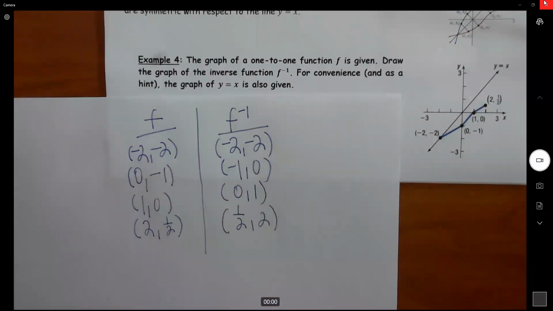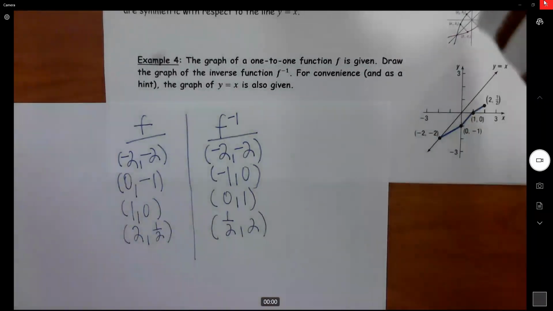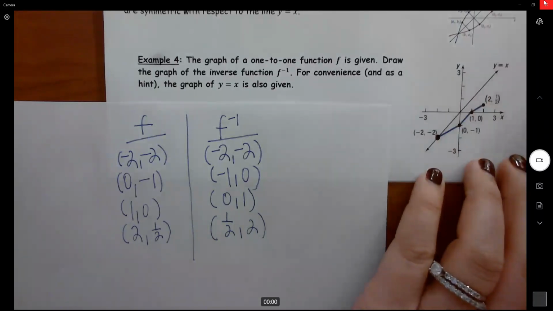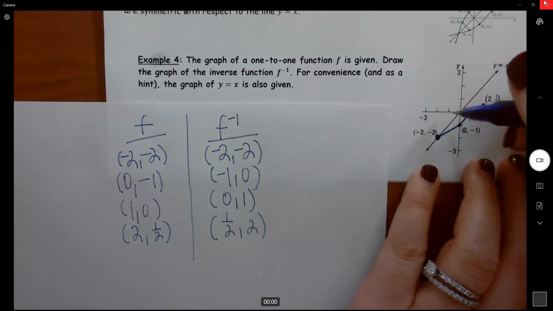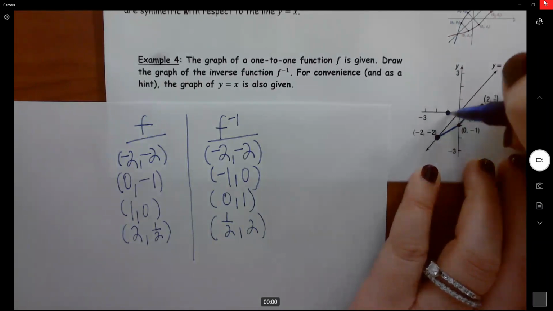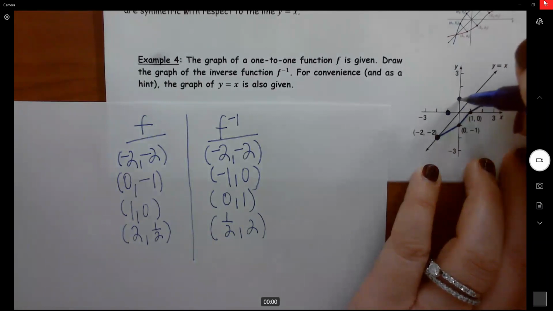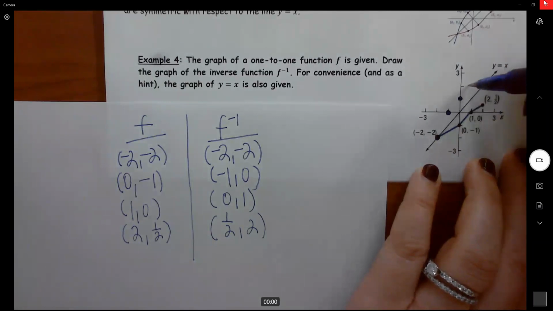Now I'm going to plot those points. So -2, -2 doesn't change. Then I'll go -1, 0, 0, 1, and 1/2, 2.